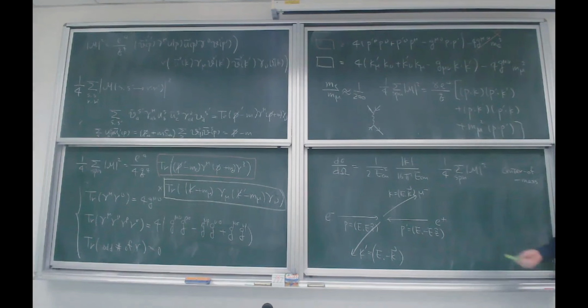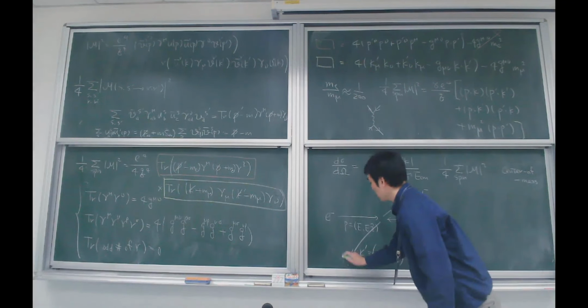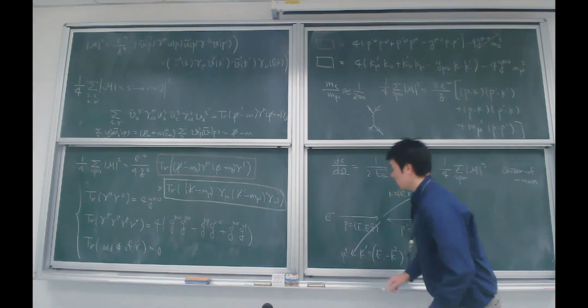So E and E prime, this is mu plus. Okay. This is the center of mass frame.